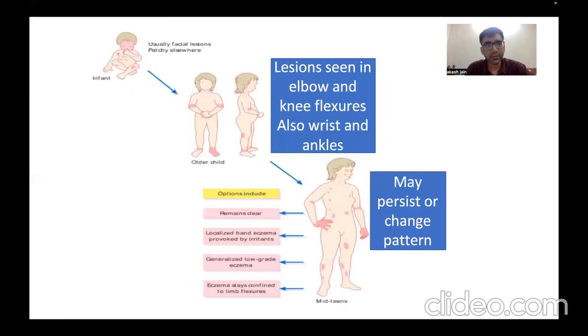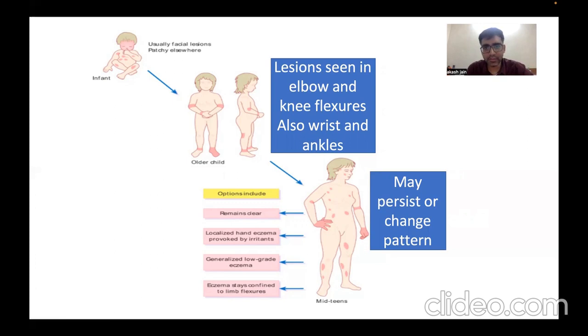So in infants, the lesions are mainly seen on the face, the elbows and the knees. In the childhood phase, the lesions are seen over the cubital fossa, wrist, popliteal fossa, and the ankles.